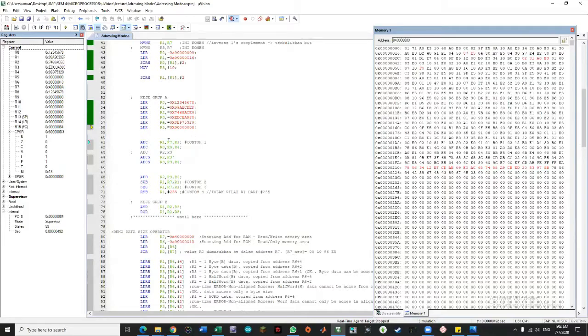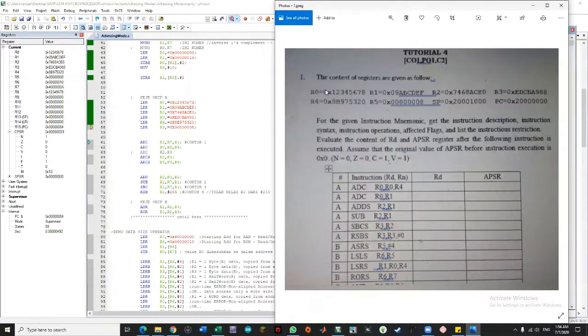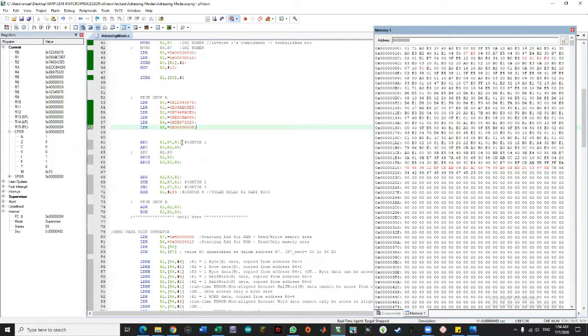From tutorial 4, I loaded the values of registers up to register 5 here. Okay, I loaded the register values, then I ran my own example.